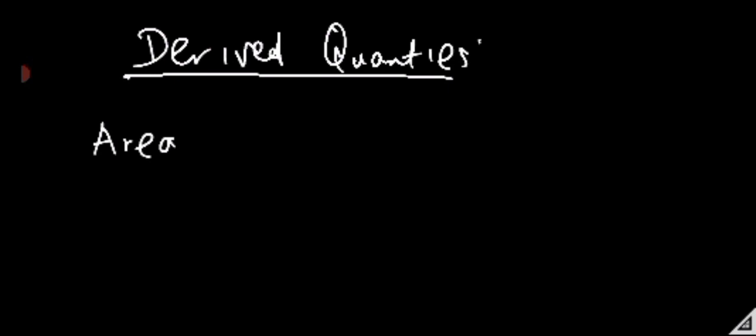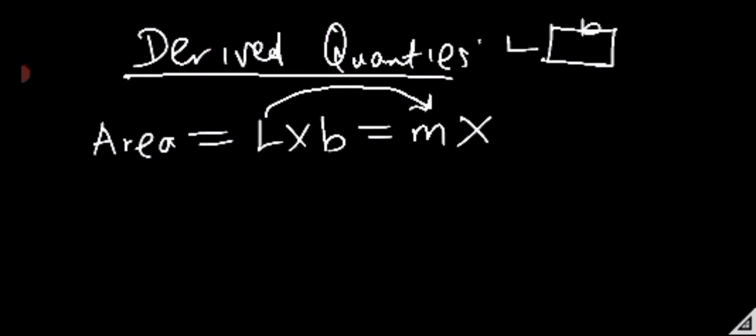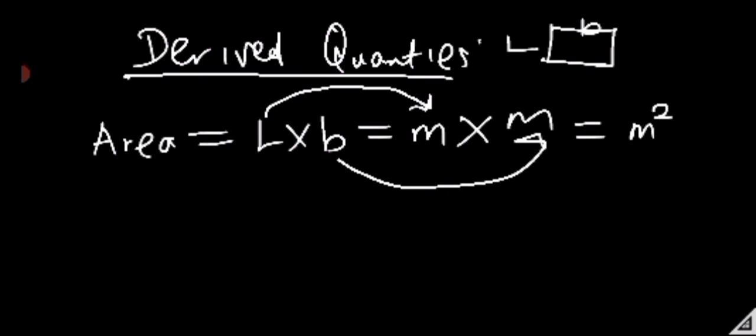Area is length times breadth. The unit for length is meter, and breadth is also a length. So you replace both with meter. Meter times meter gives you meter square. That is how you derive the unit of area from the fundamental unit.